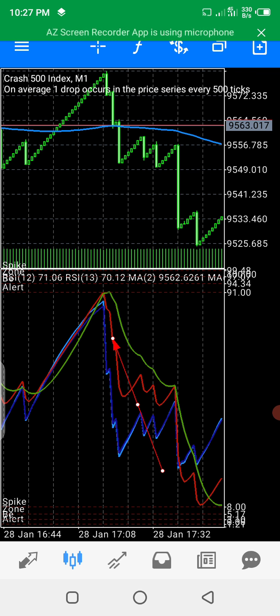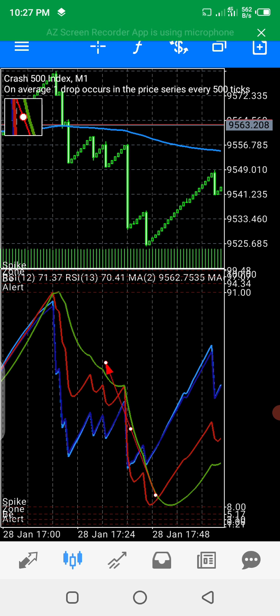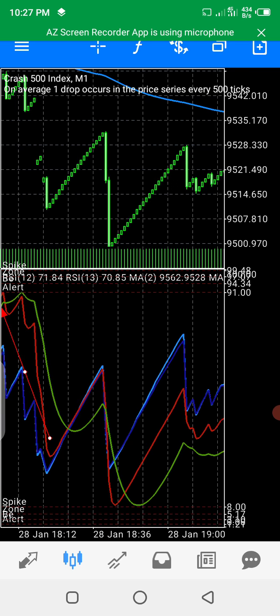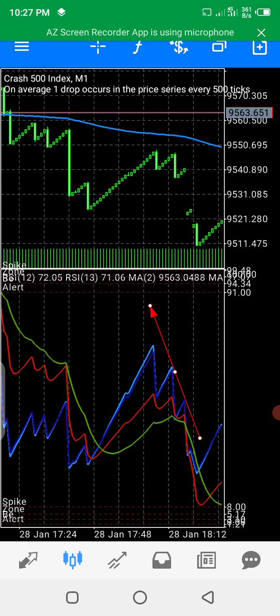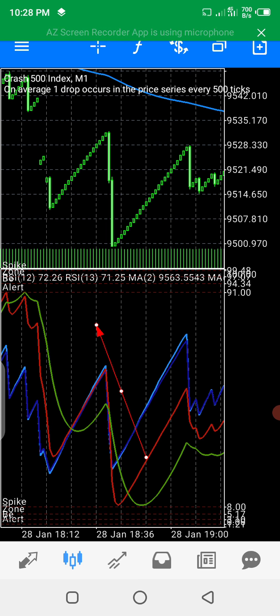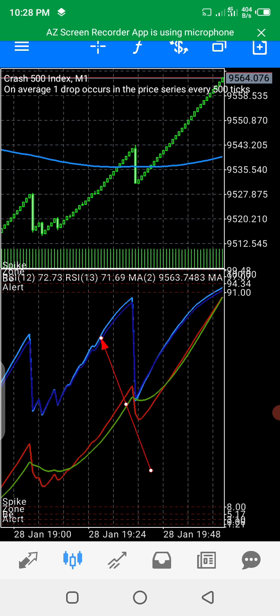Another spike, another spike. It was a series of spikes. You have seen spikes were just occurring, spikes all over, guys.